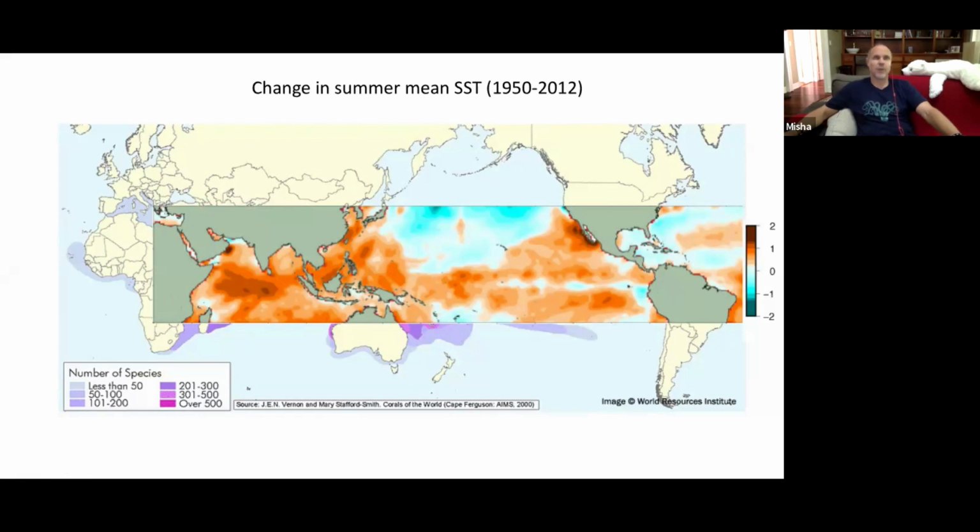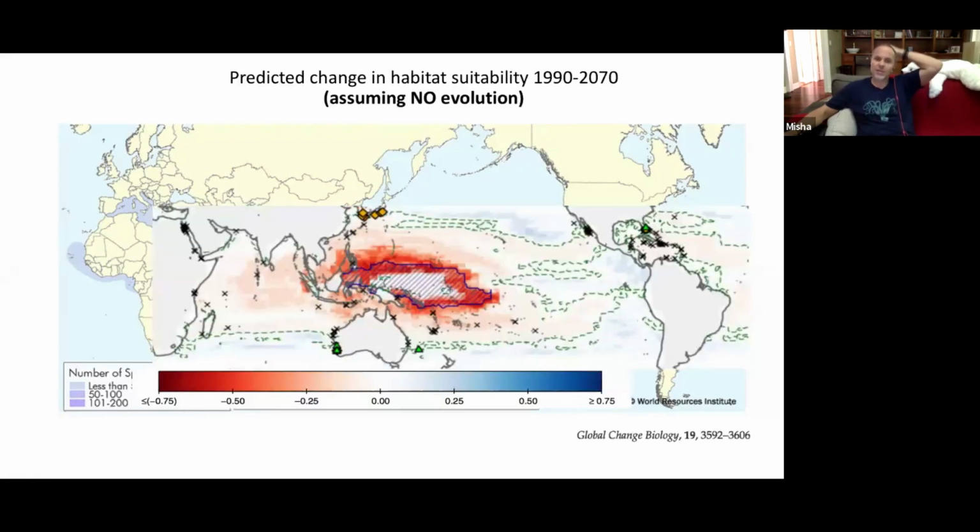And prior to just a few years ago, a lot of papers have been published saying that, look, if we just consider present day thermal sensitivities of corals, at which temperature they would bleach right now, and we project things into a future, we'll find that right in the middle where the coral diversity is the most, we'll have basically this big burnt out hole of uninhabitable environment for them, because it will be so hot, nobody will be able to tolerate and we basically lose this whole major biodiversity of coral reefs.